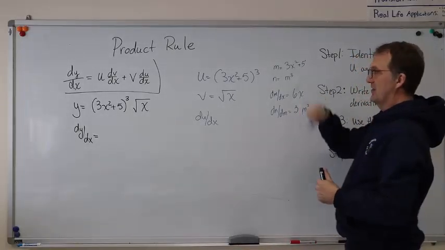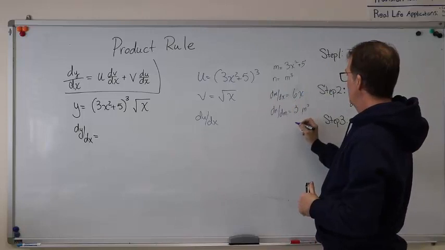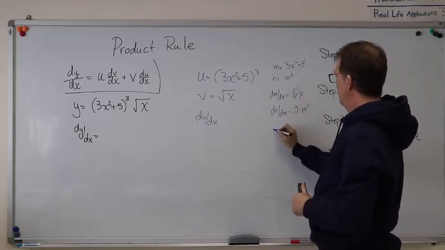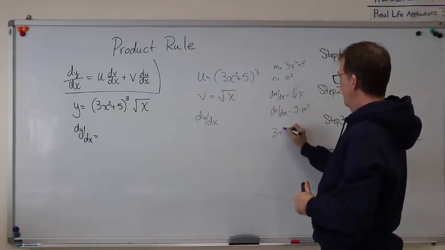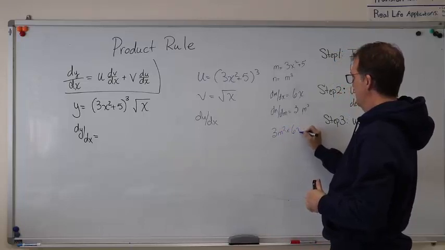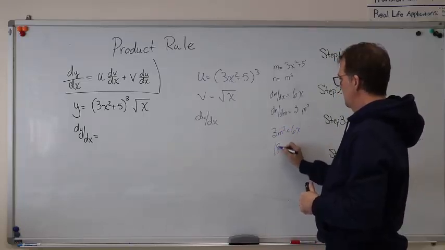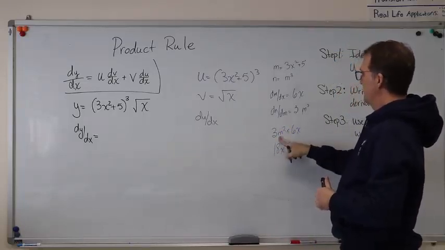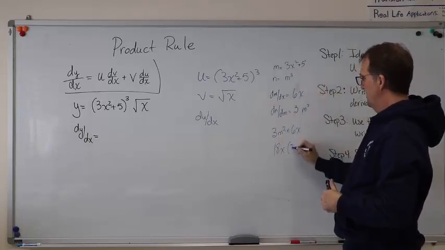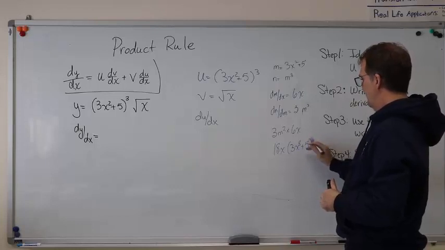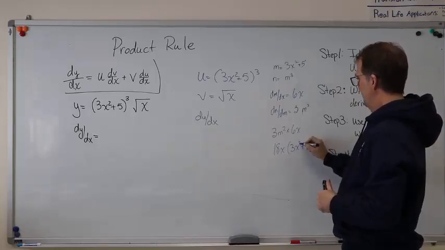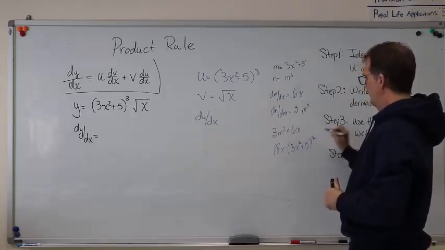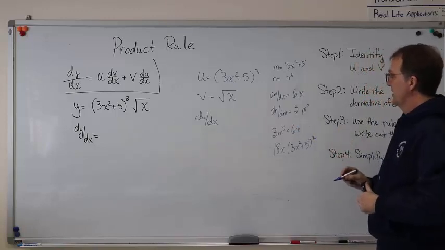Go ahead and get rid of that. And so then, thinking of our product rule, we are meant to multiply 3m squared times 6x to get 18x m squared, but I replace my m with 3x squared plus 5, squared. Okay?